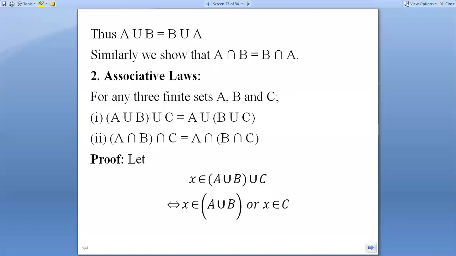Similarly, by the definition of the principle of duality, we can show that A intersection B is equal to B intersection A. The next law is the associative law. For any three finite sets A, B and C, (A union B) union C is equal to A union (B union C). This is again the same phenomenon. Suppose I take any three terms, 3, 2 and 5.